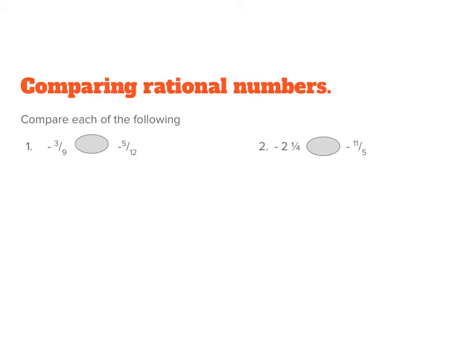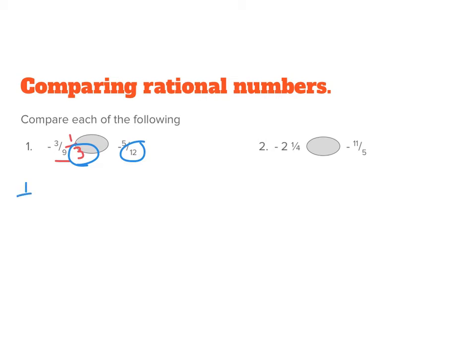So what I'm going to do, I'm going to go ahead and find a common denominator, but I see that there's one of them I could simplify. So I'm going to simplify this one, which is -3/9, because 3 divided by 3 is 1, 9 divided by 3 is 3. So that's 1/3. So now I could find a common denominator, and between 3 and 12, it'll be 12.